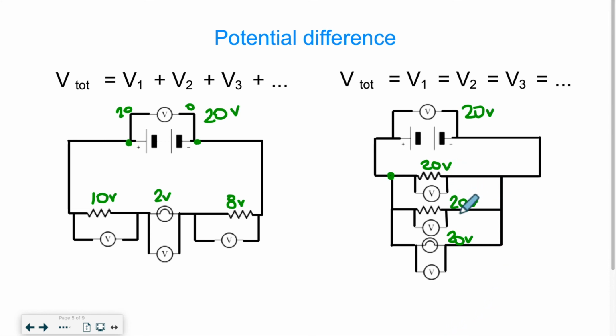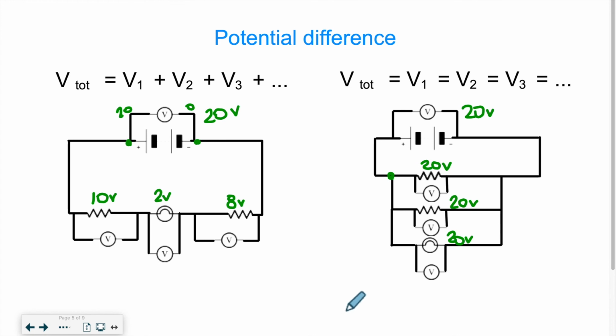Okay, so the voltage is the same everywhere. But if you recall for the current, in parallel, the current splits up, right? Because my electrons can go here, or here, or here. So it's basically opposite.